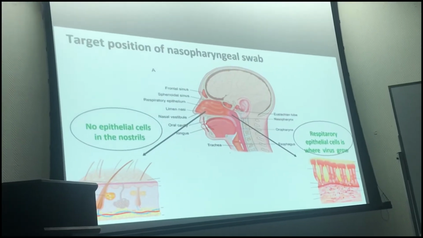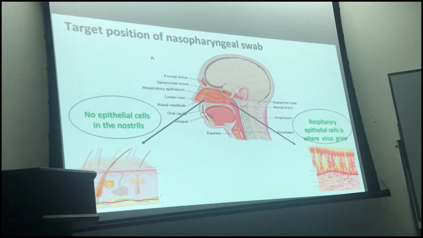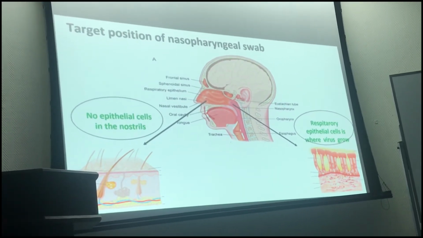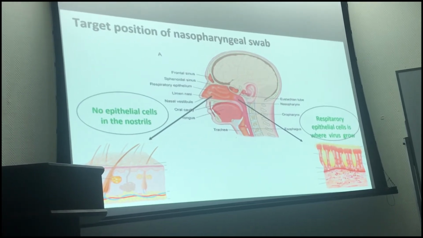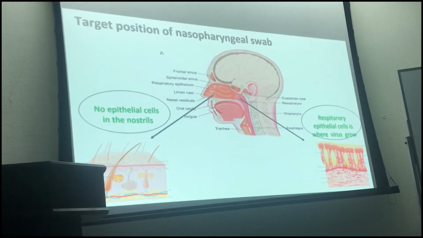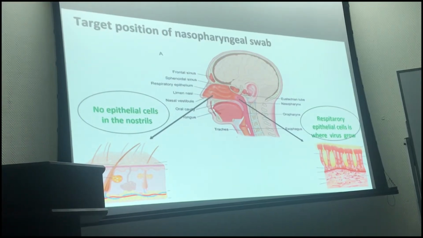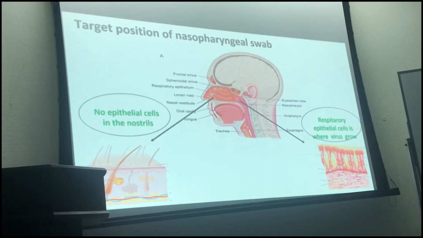Why is the target position of the nasopharyngeal swab the nasopharynx? Because if you notice, the anterior nostril, where we have the vestibule anteriorly, is covered by skin.